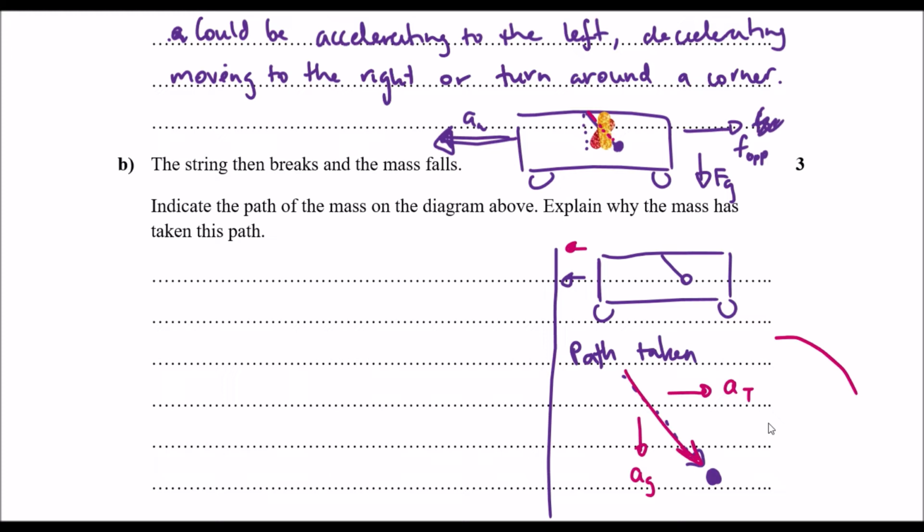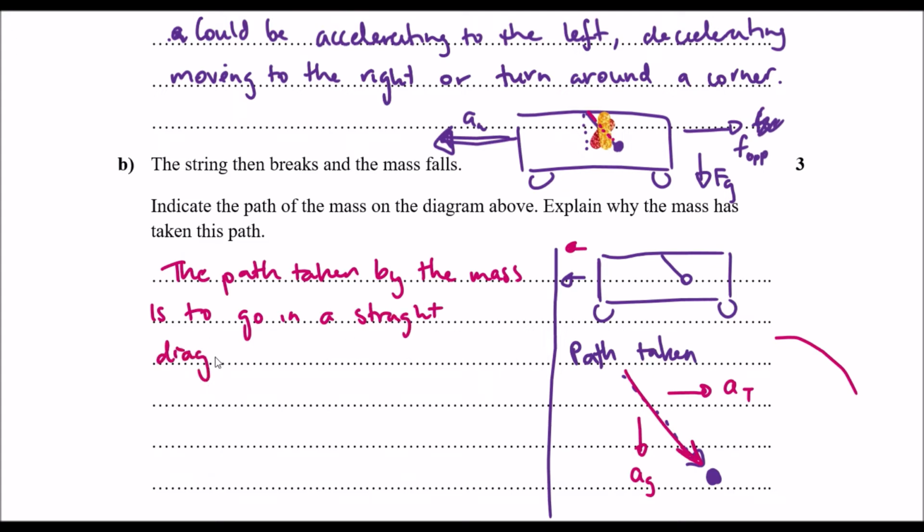Okay, so let me just try and write something down for that. The path taken by the mass is to go in a straight diagonal line, or straight diagonal path, down in that direction. I guess that's the easiest way of describing it.